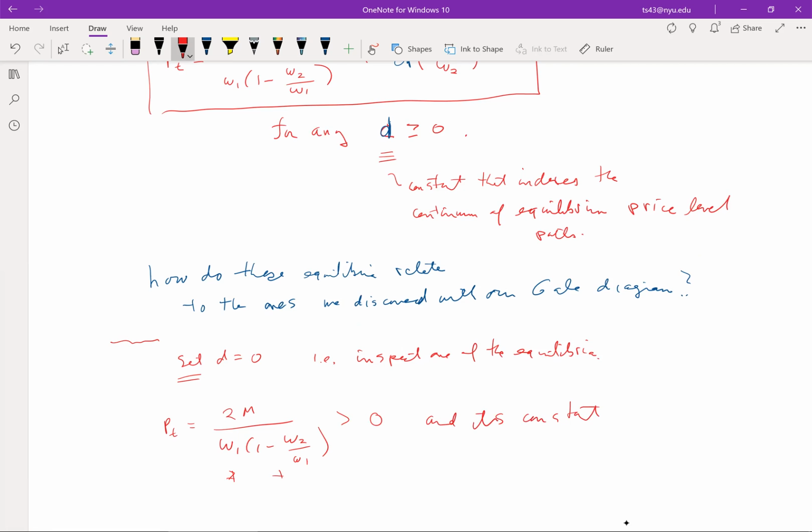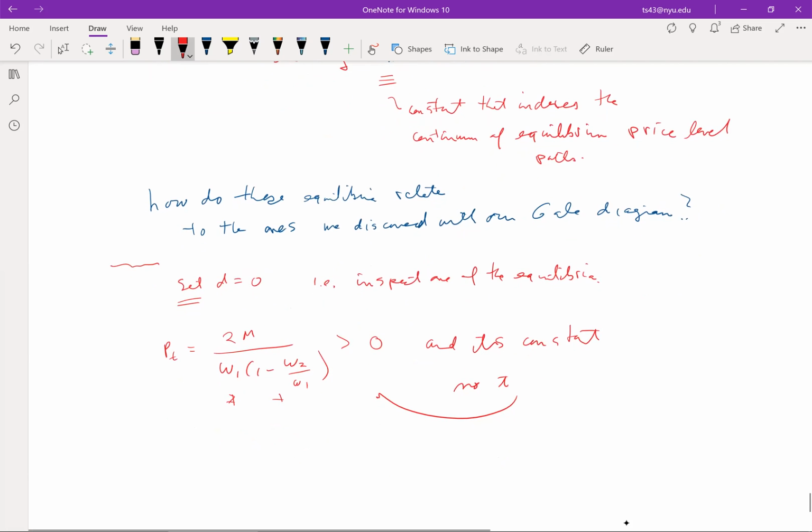You see no t here. So that means p_{t+1} over p_t is equal to alpha_t is equal to 1. This was one of the equilibria in that Gale diagram.